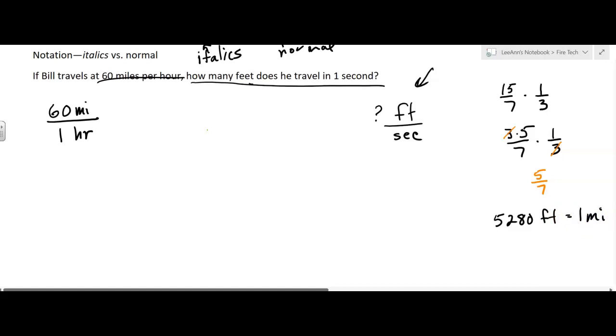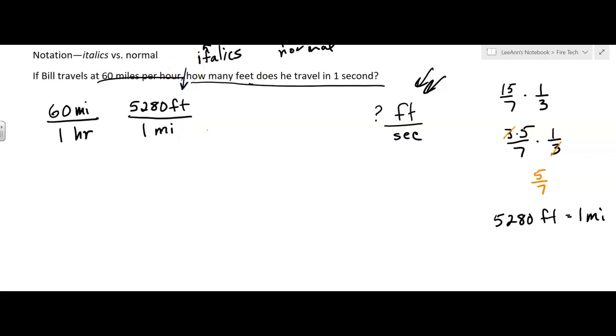Okay, now how am I going to put that as a relationship over here so that the miles will cancel and the feet will be in the numerator, right? I want the feet to be in the numerator. Okay, so I'm going to put the 5,280 feet in the numerator. And then in the denominator, I put the 1 mile.